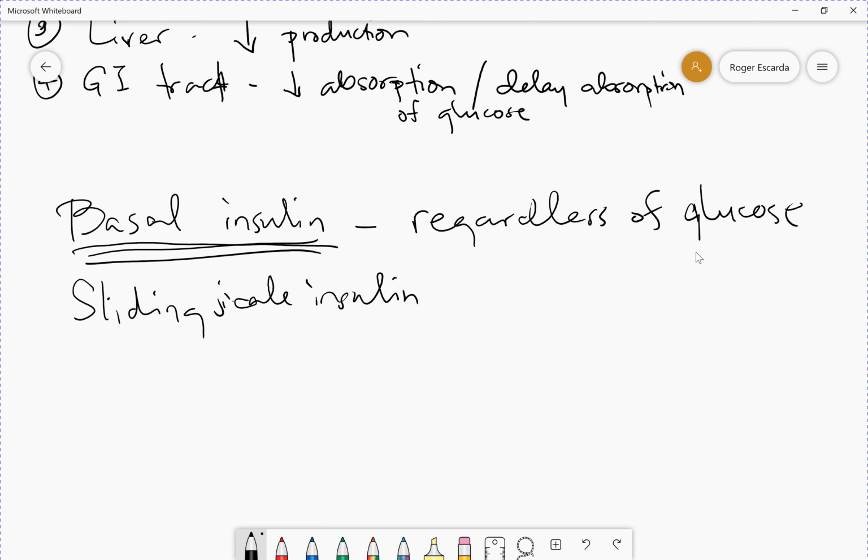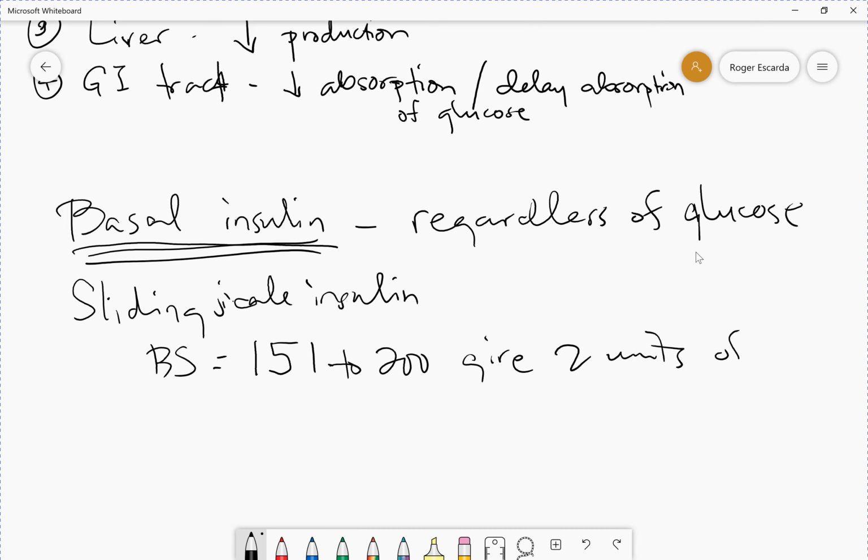Then if their sugar is higher than their base, for instance, the doctor may say, if the blood sugar is 150 to 200, give 2 units of insulin. Then 201 to 250, give, let's say, 4 units, and so on. So on top of the basal insulin, let's say the basal insulin is 5 units.